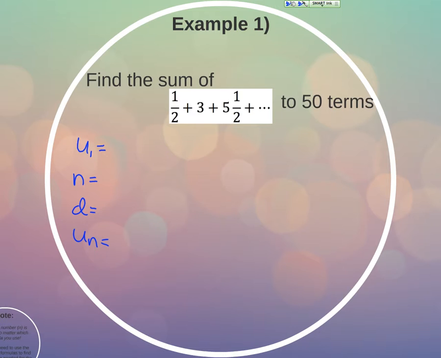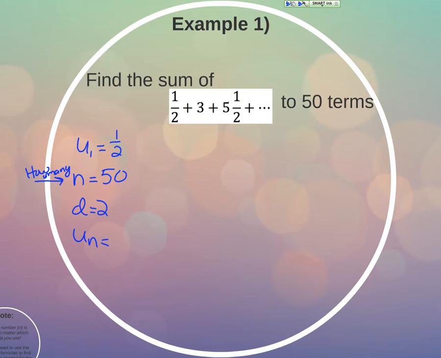So what's my first term? 1 half. What's the term number? In other words, how many things are we adding? 50, so that's the term number. I think I can figure out the common difference. 2 1/2.